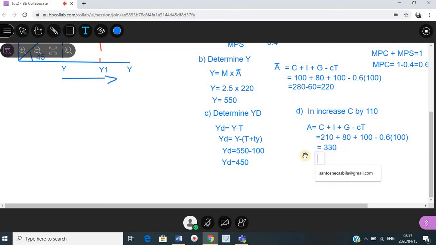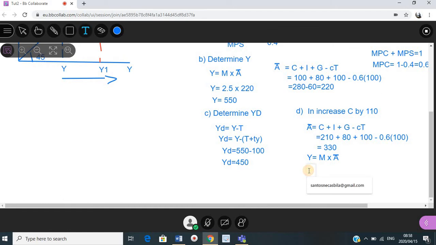So the new equilibrium is going to be Y equals M, which is the same, multiplied by A. Make sure that this is autonomous. Maybe we can just write that this is autonomous. Very good.